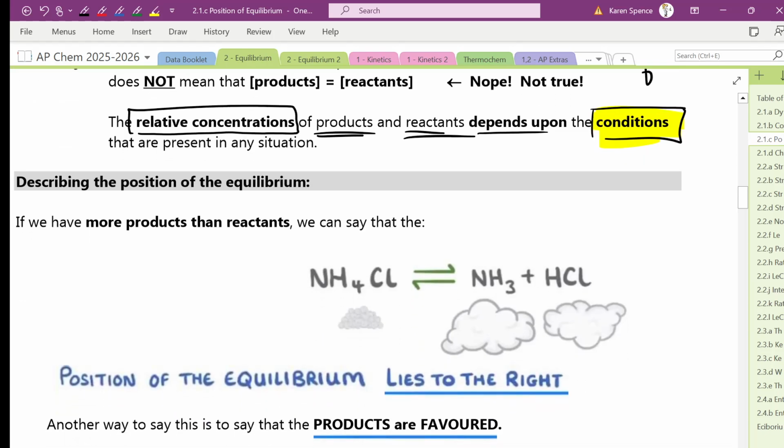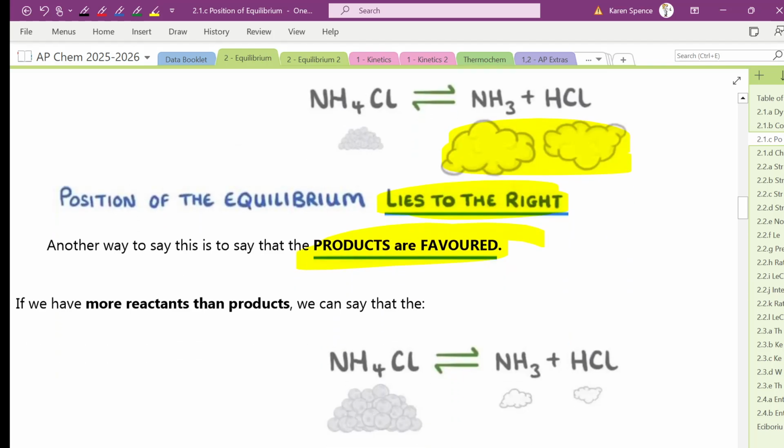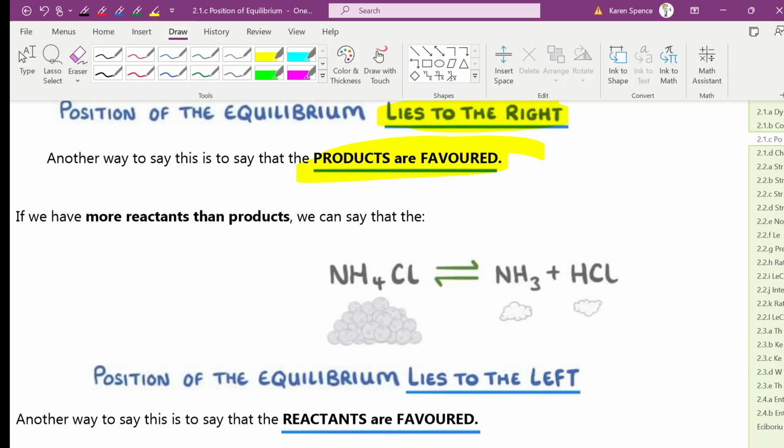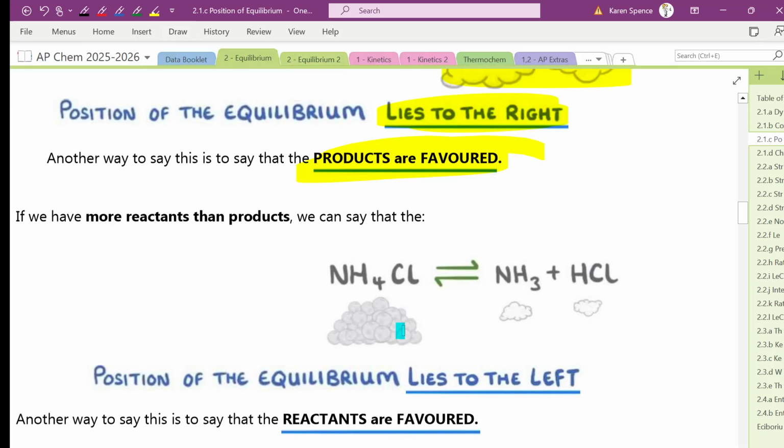So here we have this one, and this just reiterates. I guess I got ahead of myself because we're doing the lies to the right. Here we have the position of the equilibrium. We got more products than reactants. It lies to the right. Our products are favored. We have more reactants than products. I've switched colors.